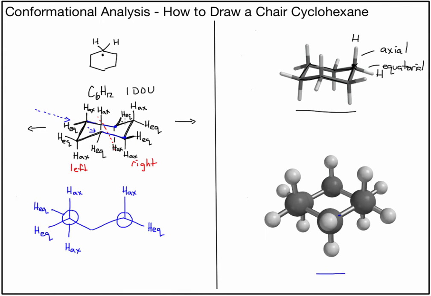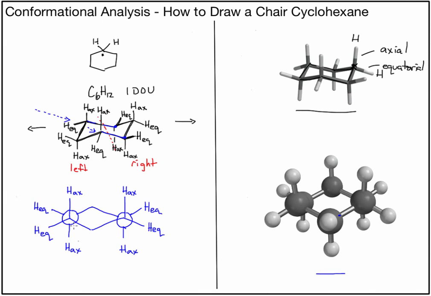The carbon-carbon bond here is coming up to this carbon, back down to this carbon. We have equatorial axial, so H equatorial, and then finally H axial.